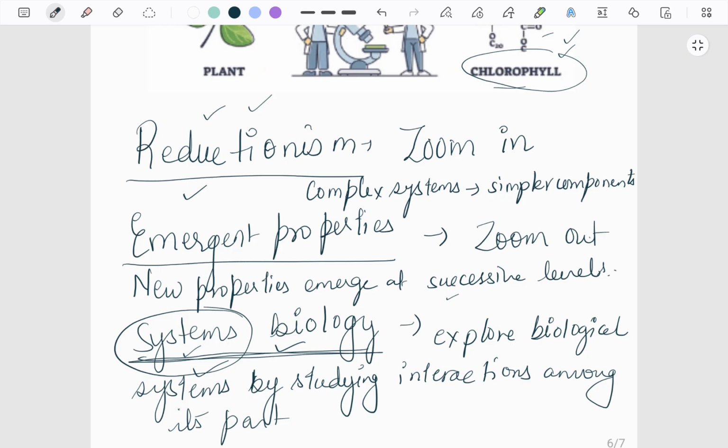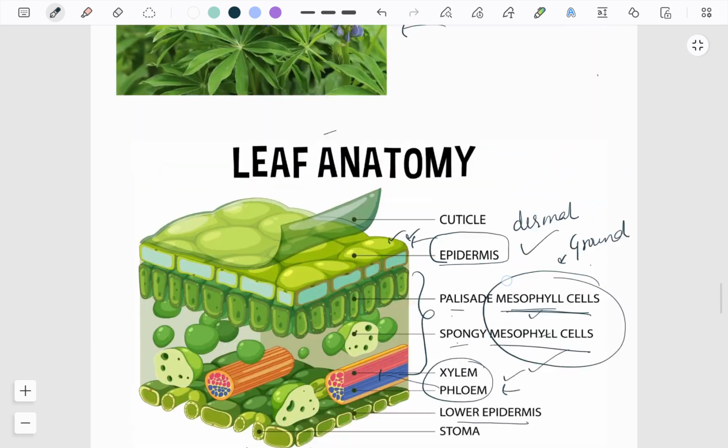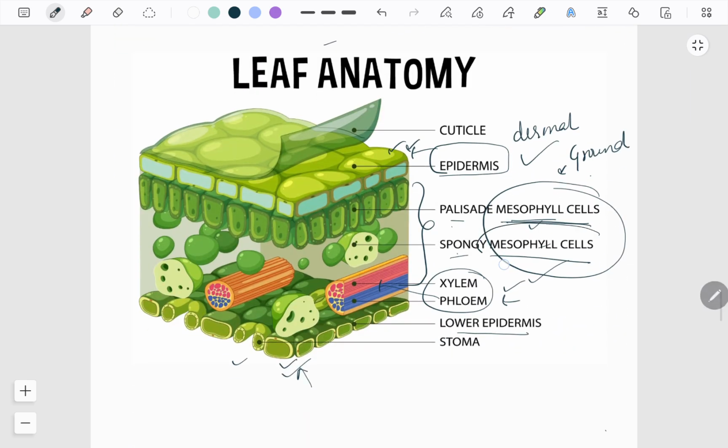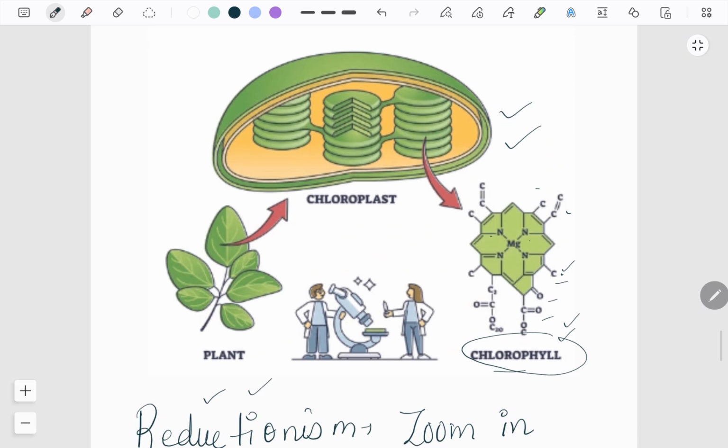Simply, at the level you are going to study, the components of that level will be studied. We have to study the interactions among those components. For example, if you study the level of a mesophyll cell, then inside the mesophyll cell you have to study the interactions among different organelles.